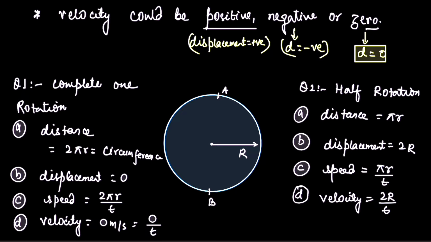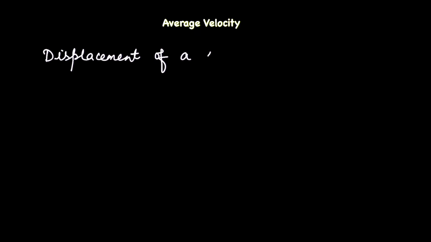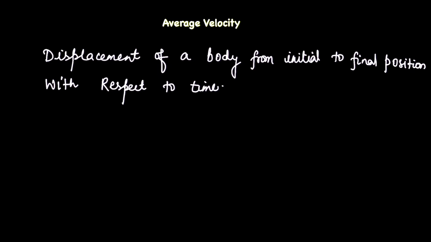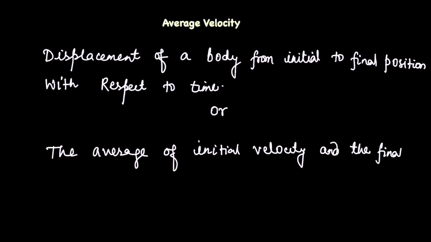Now we can move to the average velocity. Average velocity can be defined in two ways. One is with respect to displacement and another is with respect to initial and final velocity. So with respect to displacement, we can say that average velocity is defined in terms of displacement of a body from initial to final position with respect to time, or we can define it as the average of initial velocity and the final velocity.